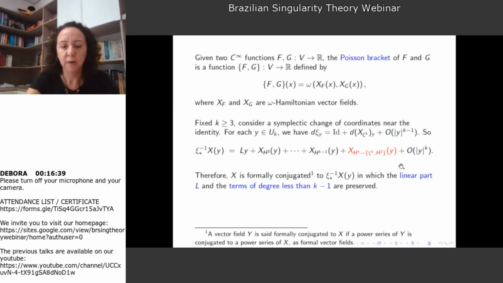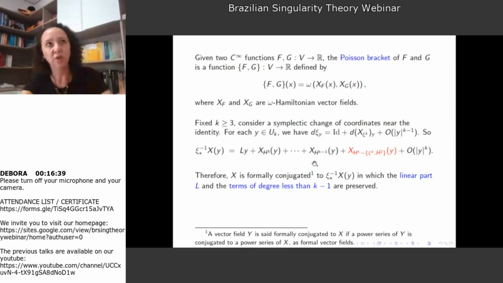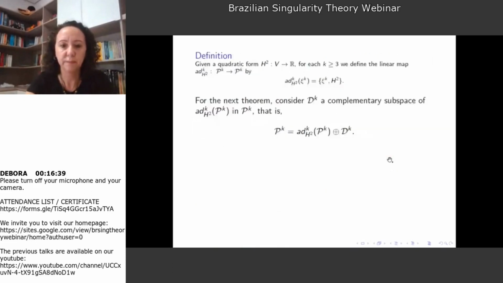So with this, we control what happens when we apply a change of coordinates, because we know precisely what happens. We go jet by jet, k by k, preserving what we obtained before, and we change the element of degree k to this form.